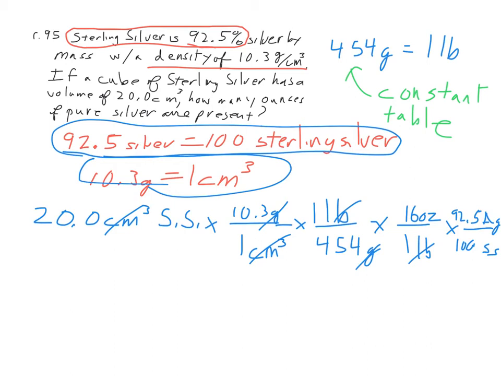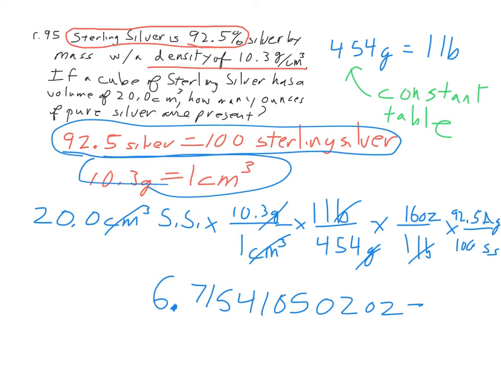20 times 10.3 divided by 454 times 16 times 92.5 divided by 100, and that gives me 6.715418502 ounces as my calculator lie.